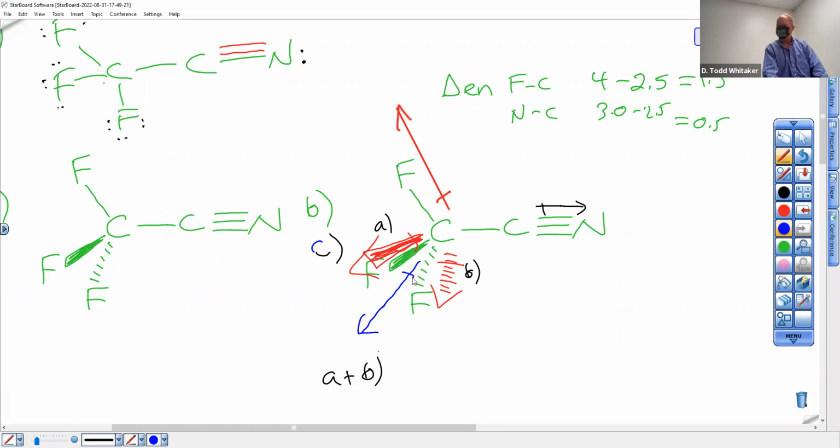Right? Right in between those two. Now, if you add A plus B plus C, isn't that going to be straight to the left? This is C. A plus B plus C.